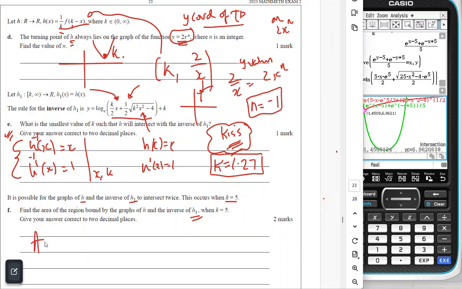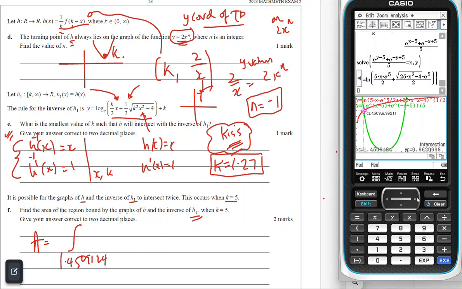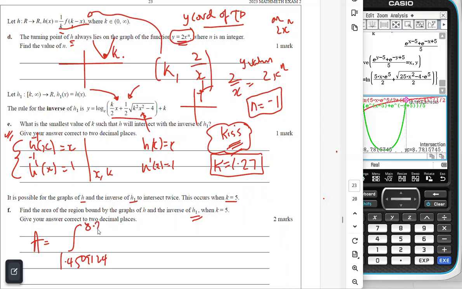So area is going to be the integral of 1.4509124 through to 8.78... My top curve is the H1 inverse of x minus h of x dx.